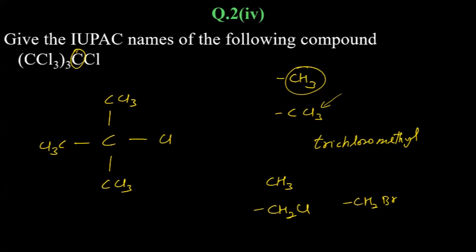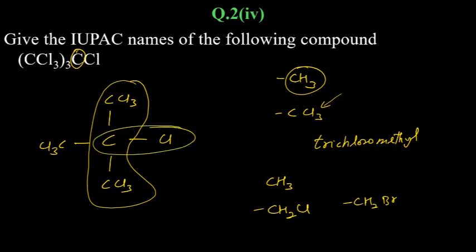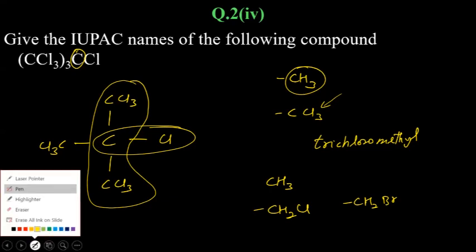Then I'll apply the concept. It is slightly tricky because here the main chain, if you consider, will be this one, 3 carbons. And it has that carbon which has the halogen. So conditions are fulfilled. The main chain has that carbon which has the halogen and is also the longest chain. So number it.